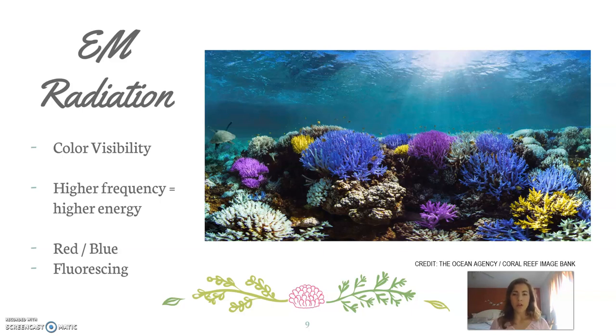So these beautiful colors that you see here, the purple, the blue, and the yellow, these are not the coral's natural colors, but the colors that they change to when they're close to death. They take on these brighter fluorescent colors, which are easier to see, so that you can literally see when they're in danger. And we should pay attention. We don't want this beautiful and important part of nature to be lost forever.